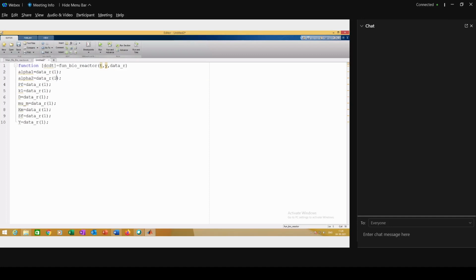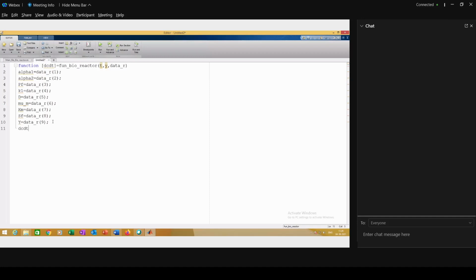Then 1, 2, 3, 4, 5, 6, 7, 8, and 9. These are the parameters I took in my function. Now I know that there are three differential equations.